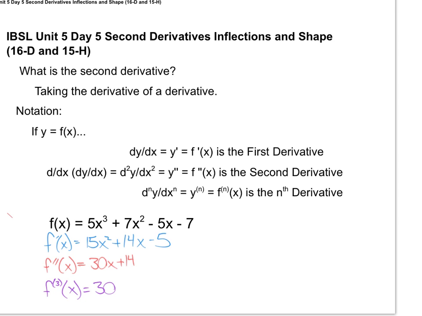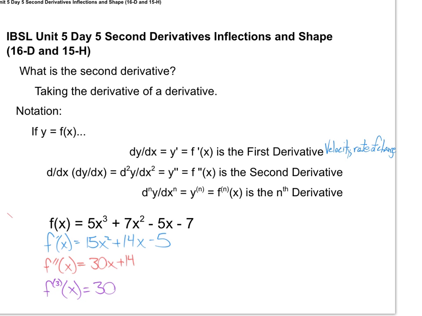Slope we could say is velocity or rate of change, right? Now, think about this. If I'm taking the derivative of the derivative, I'm finding the rate of change of the velocity. So if my velocity is changing, what do we call that? Acceleration. That's the acceleration. Okay?